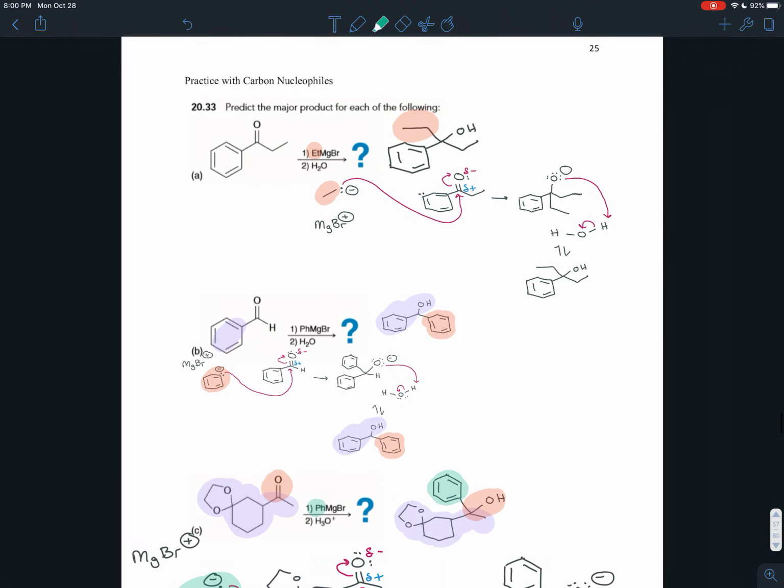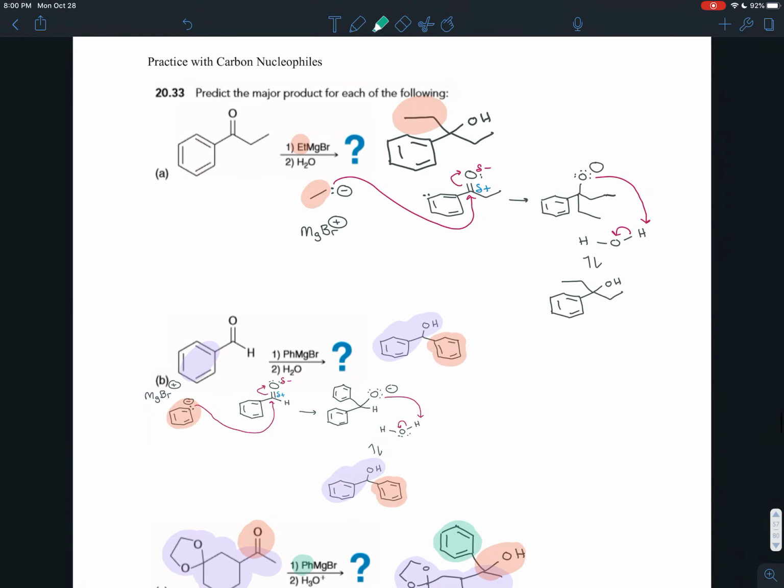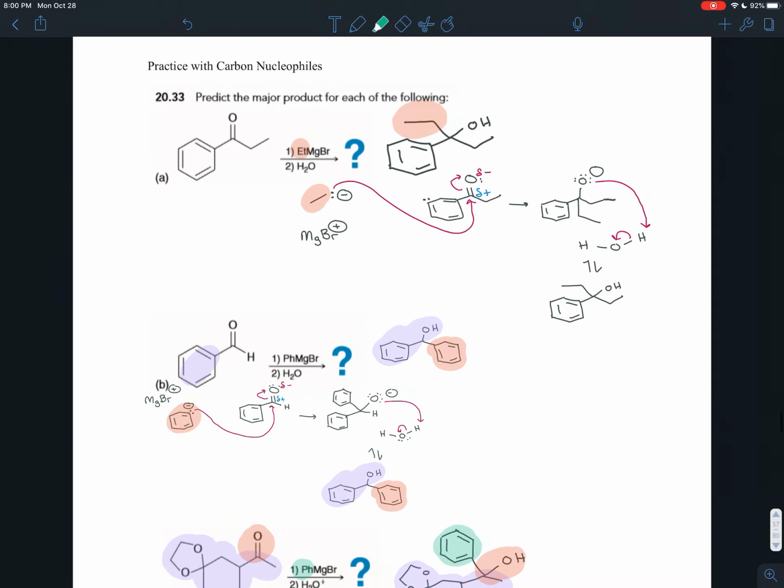Okay, so that's what you do. Those are the products you get when you have a Grignard reagent reacting with aldehydes and ketones. They turn the aldehydes and ketones into alcohols, and they add themselves onto the carbonyl carbon. And the mechanism is really the same as we saw for the mechanism for the hydrogen nucleophiles.